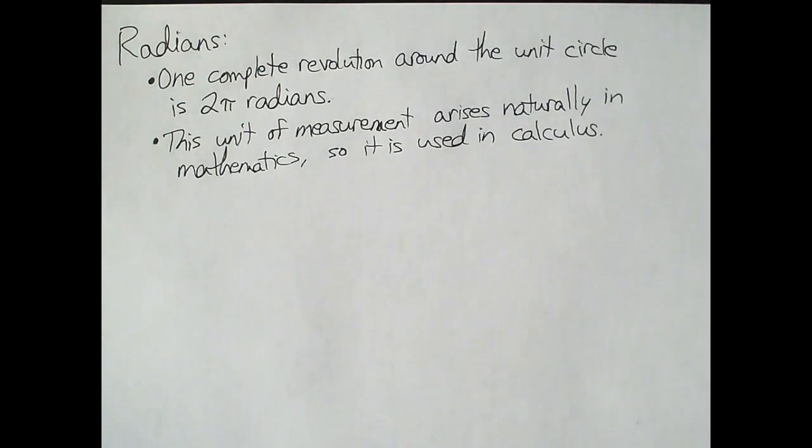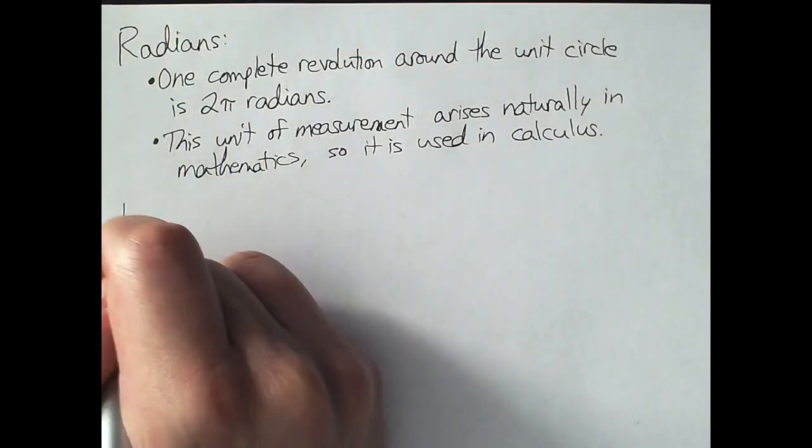It just kind of exists. Whenever you talk about a circle with a radius of 1, there are some t-values that come up, like pi over 4, pi over 2, pi, 2 pi. So it's natural to talk about things in terms of radians because they're just lengths of portions of the unit circle.